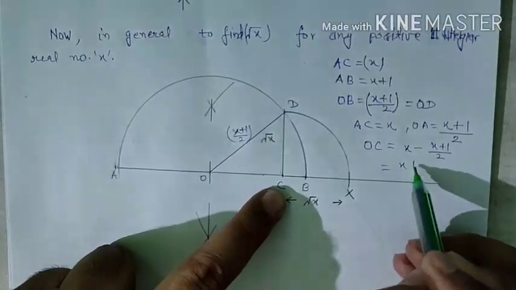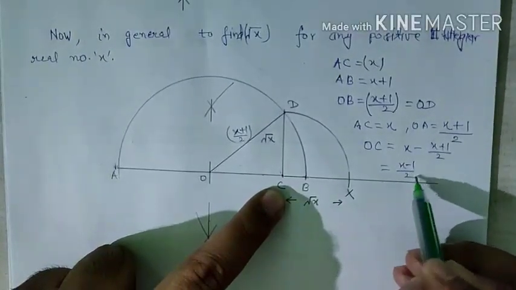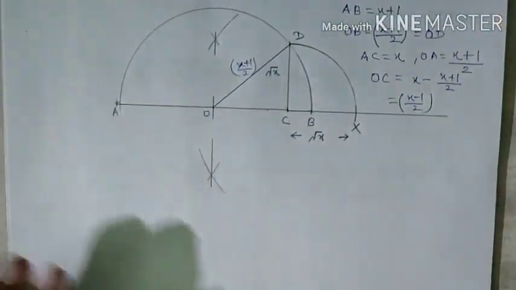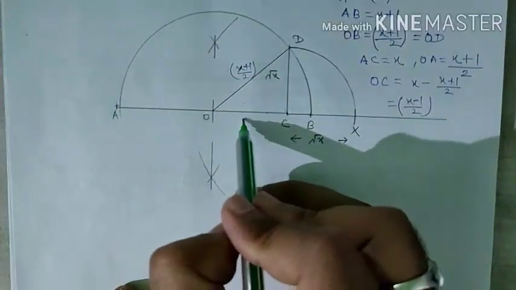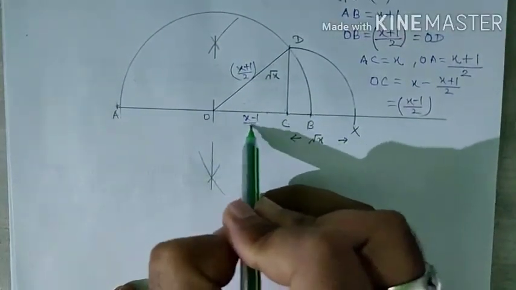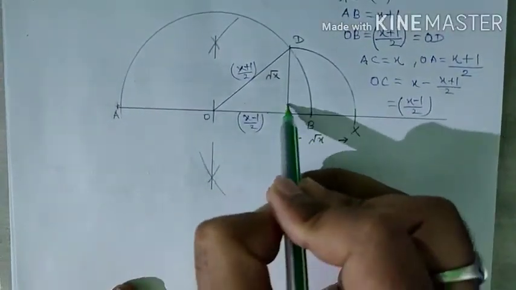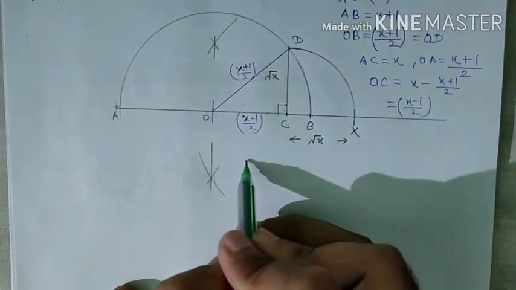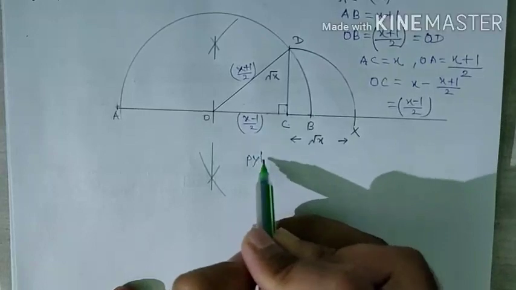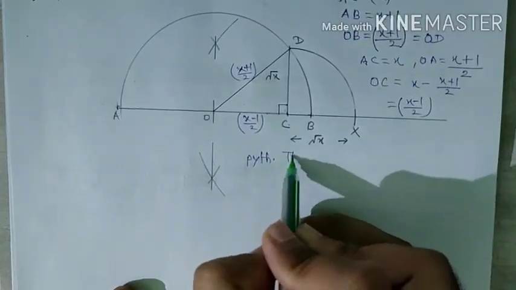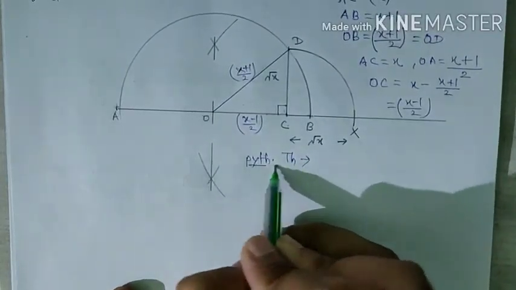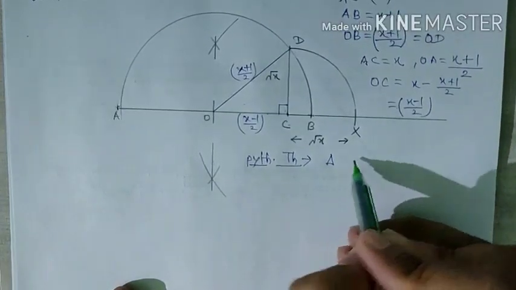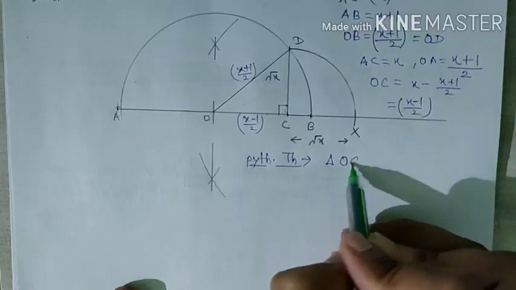It means x minus 1 upon 2. This is x minus 1 upon 2, and this is perpendicular. So we can apply the Pythagoras theorem in triangle OCD.